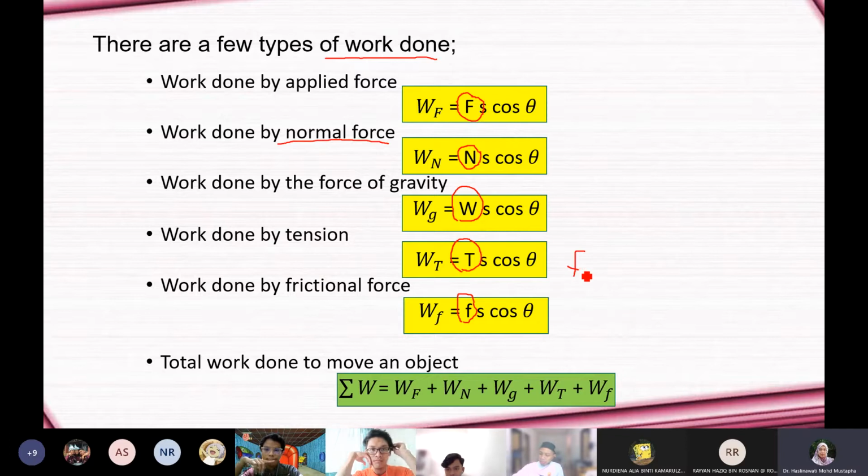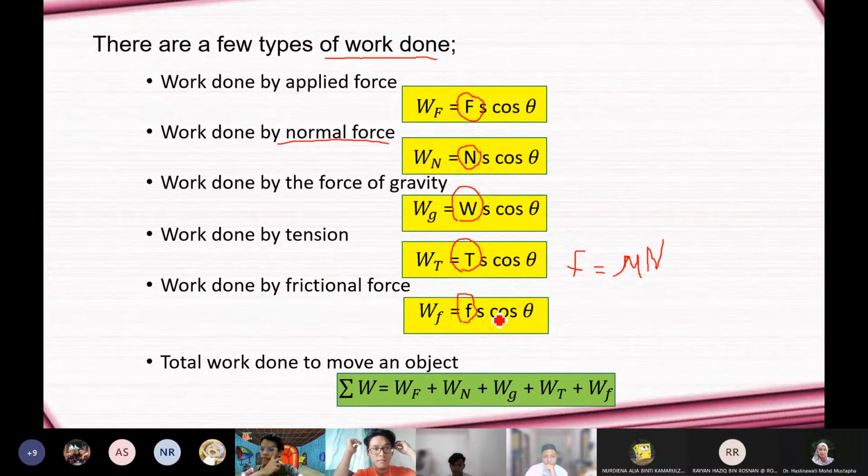Ingat lagi F is equal to mu N, frictional force is equal to coefficient of friction darab dengan N, normal force. Jadi theta dekat sini adalah di antara frictional force dengan S, displacement. Clear tak? Boleh? Kelas, saya okay? Boleh. Alright.